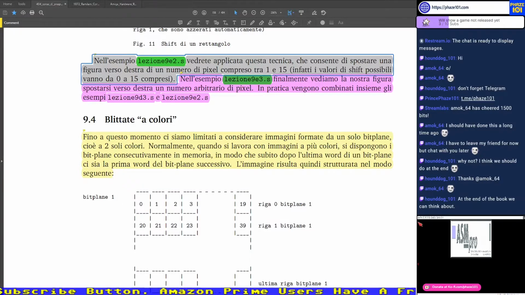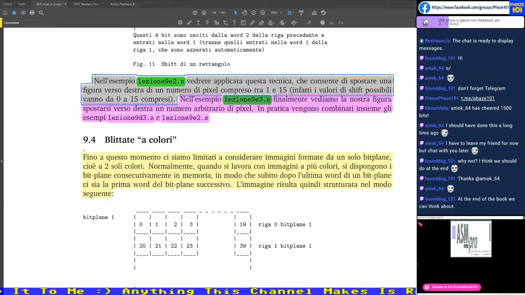So let's start from where we left off. Last week we did lesson number 9E2. I'm going to remind you what it is about, so that you refresh your memory.